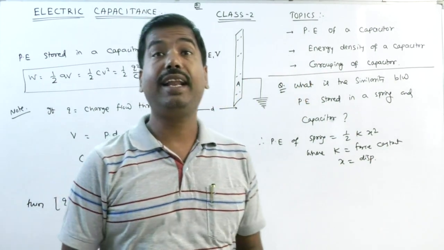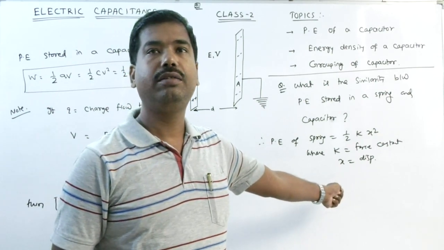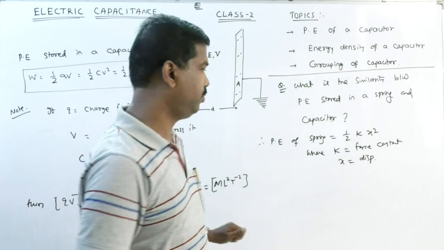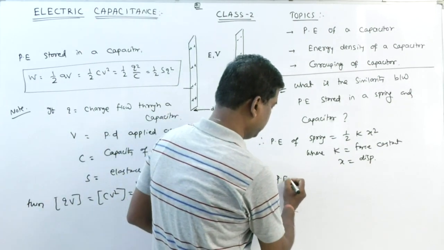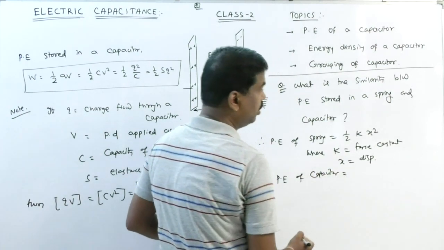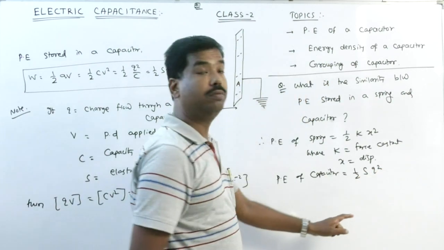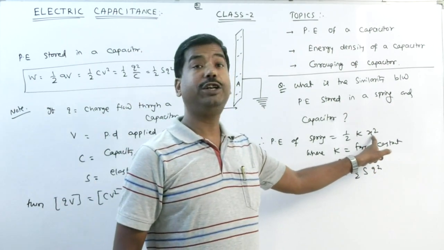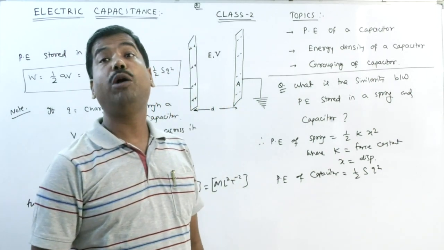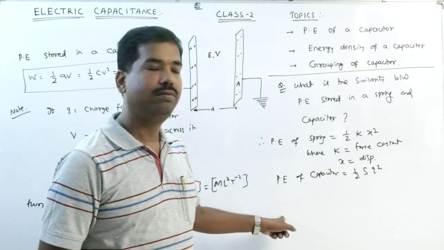It means the potential energy depends upon the expansion, how much expansion you have done against the force constant, or the restoring force. Potential energy of a capacitor is half S Q square. It means here the variable quantity is displacement and here the variable quantity is charge. How much charge flows to do some work.